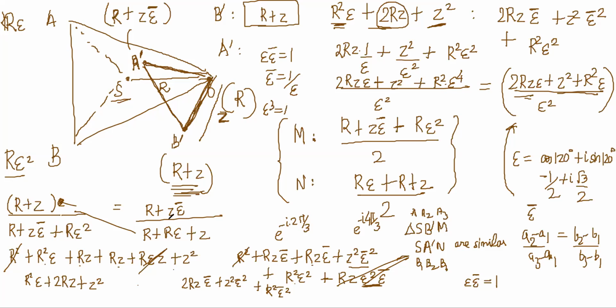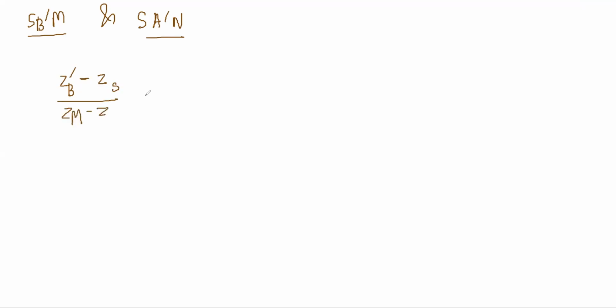Maybe some calculation mistake has happened, but ultimately the question is about just proving similarity by doing this. So what I want you to see is finally, to prove similarity between triangles SB dash M and SA dash N, what you have to do is Z of B dash minus Z of S by Z of M minus Z of S should be same as Z of A dash minus Z of S by Z of N minus Z of S. This is what you have to show, right?